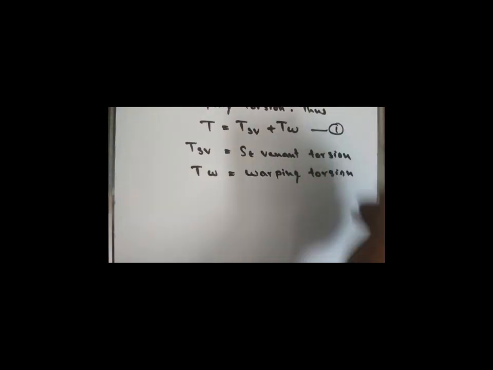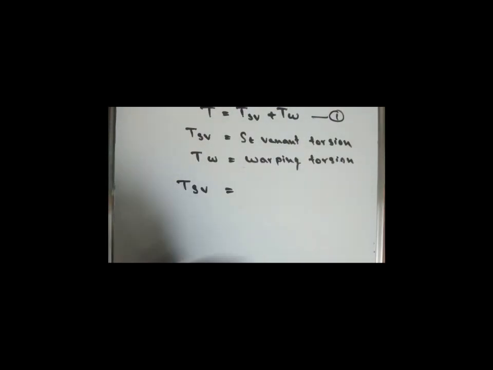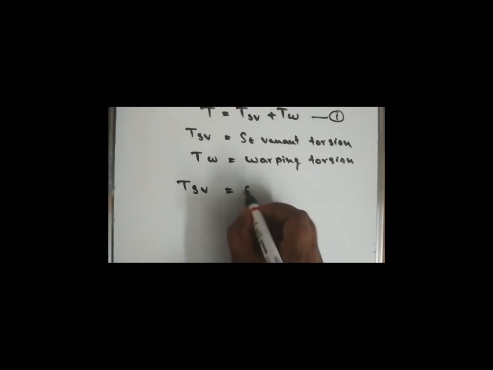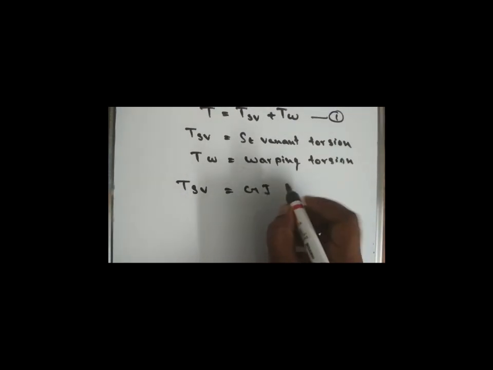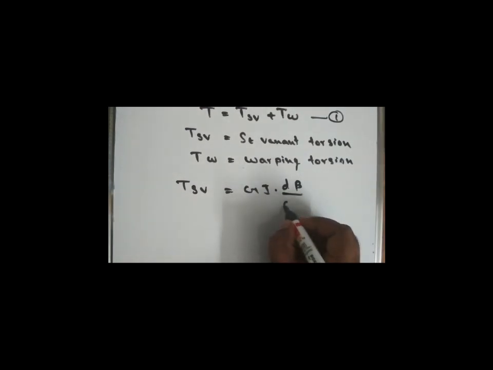Okay, before that, we'll assume the first equation, T is equal to TSV plus TW, equation 1. TSV, that's very simple, it's the pure torsion. We can determine TSV from the torsional equation, GJ into d beta divided by dz, so we consider that is equation 2.